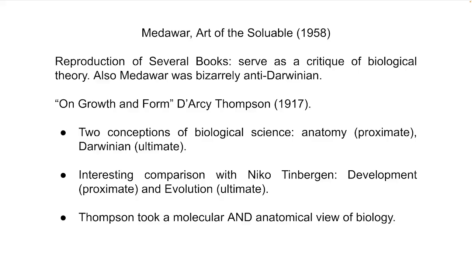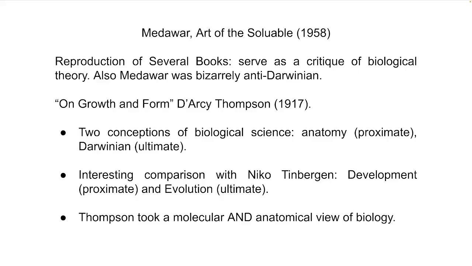He actually had two conceptions of biological science. He kept the evolutionary, which they call the Darwinian frame, which was the ultimate level of causation, separate and apart from the anatomical or proximate frame of causation. If you look at the anatomy of an organism, it gets there through development. That's different from evolution, which is the ultimate causation.